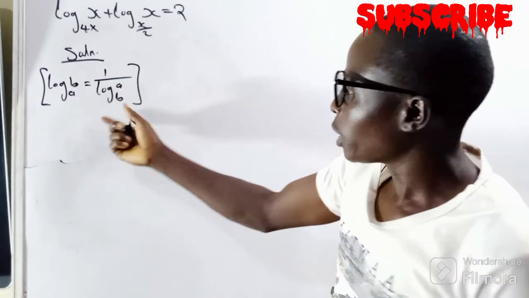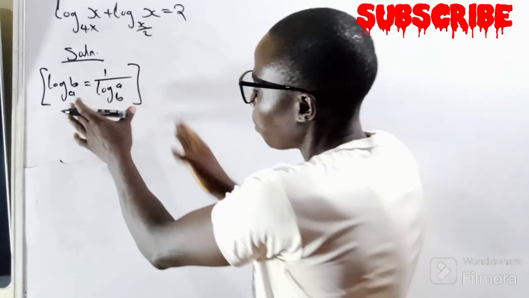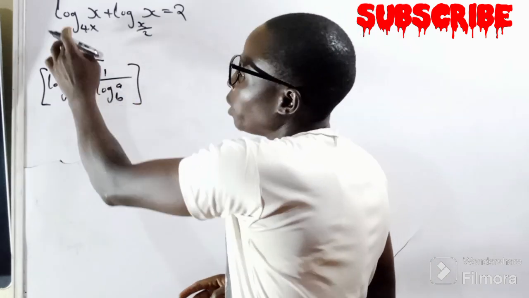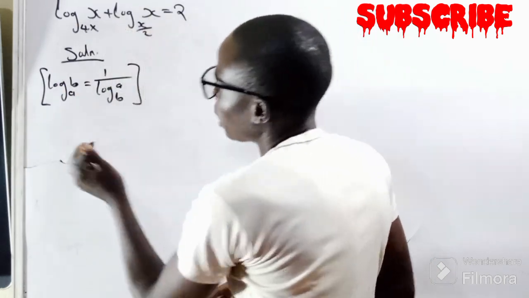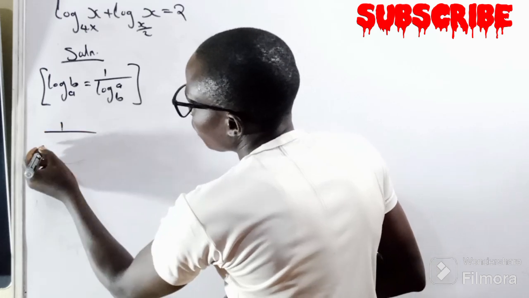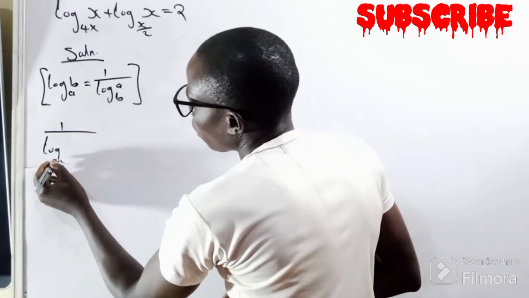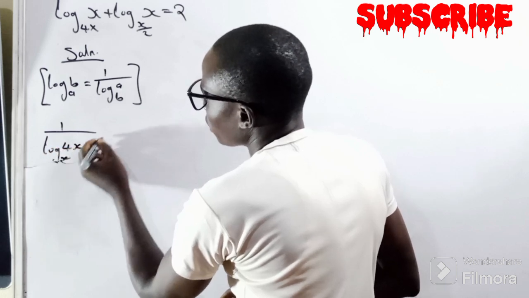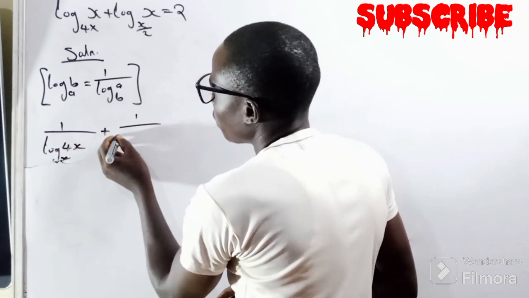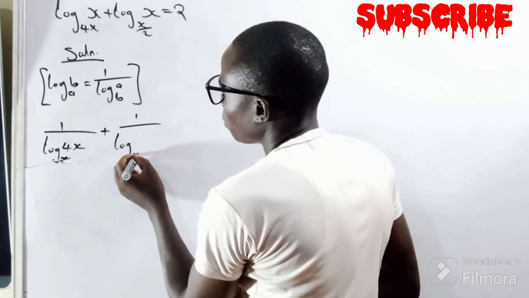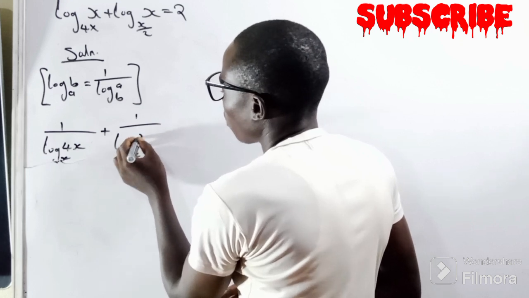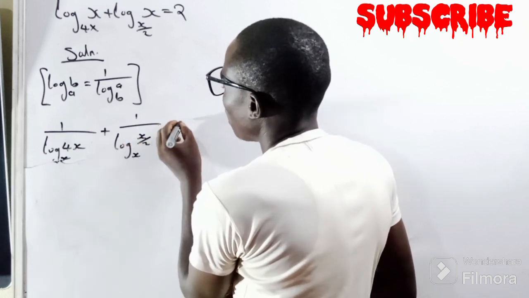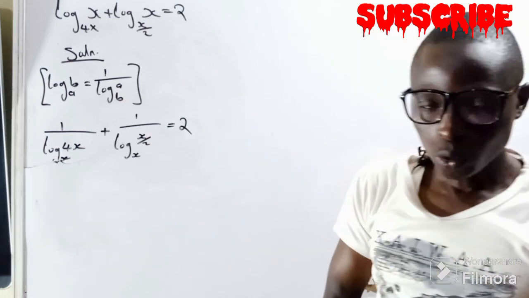If that is the case, I'm going to make use of this rule in the first term and second term. That means I'm going to have 1 divided by log to base x of 4x plus 1 divided by log to base x of x divided by 2, everything equal to 2.